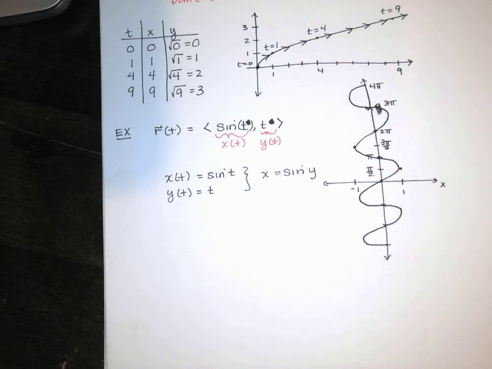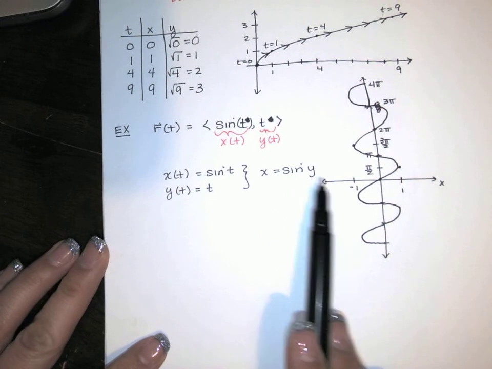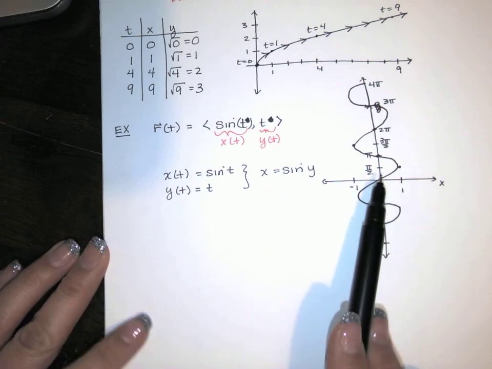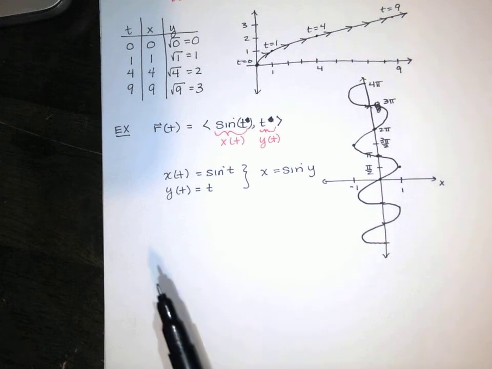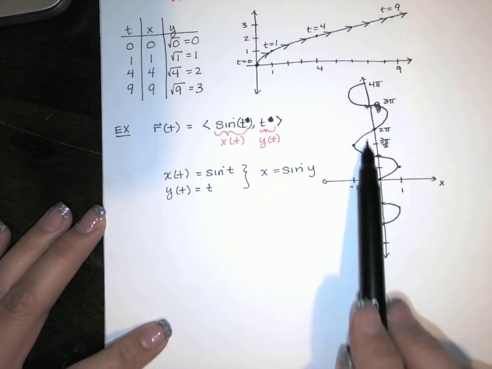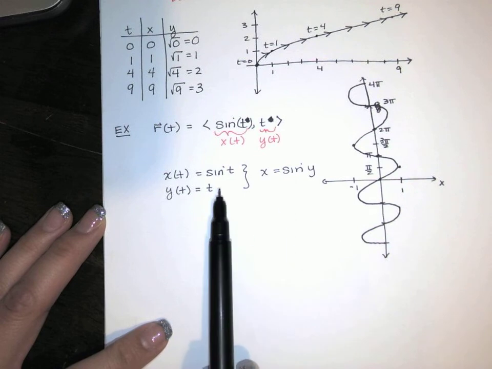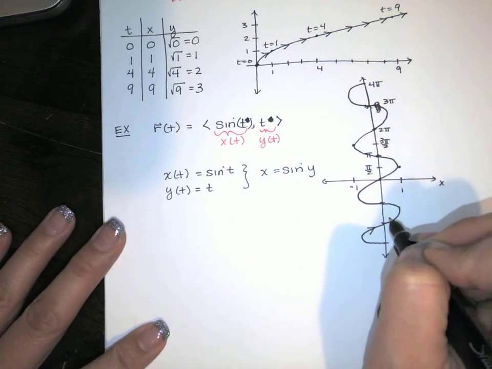I didn't do a very good job drawing a perfect sine wave, but you get the idea. As y takes on different values, x is going to take on some value between negative 1 and 1. So we just get that sine wave on its side. Now we have to think about what happens as t increases. Are we going up or are we going down? Well, as t increases, y goes up. So we're going to go this way.